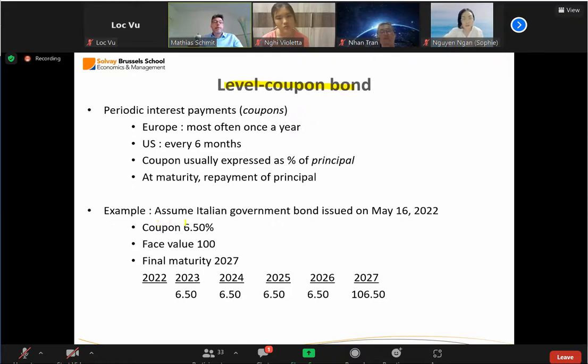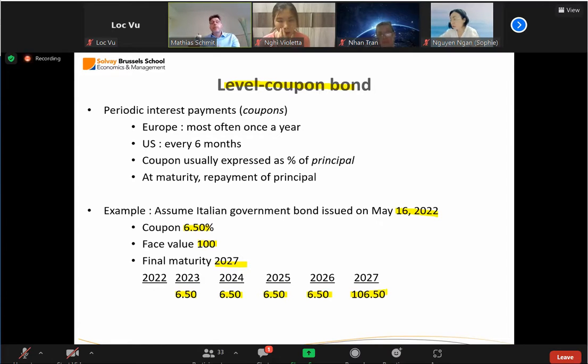Let's take an example. Let's assume it was yesterday, a face value of 100 and the coupon offered is 6.5%. Final maturity is 2027. So it means that you will receive 6.5 each year till 2027, and you get the reimbursement of 100 at the last year.